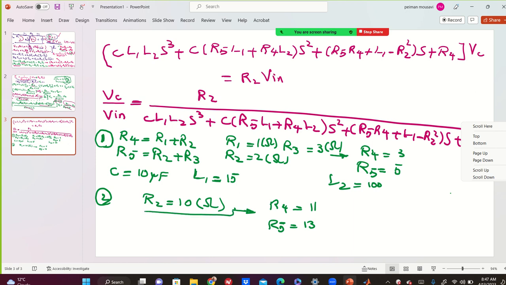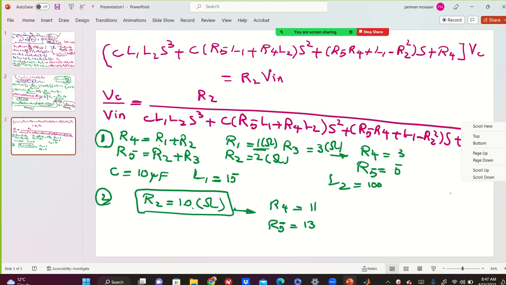No, I changed R2 to 10. R1 plus R2, 1 plus 10 is 11. I changed R2. And R5 is 10 plus R3, 13. See what I'm saying?